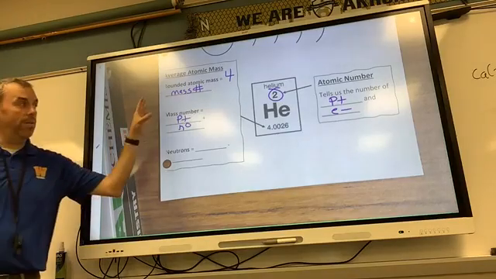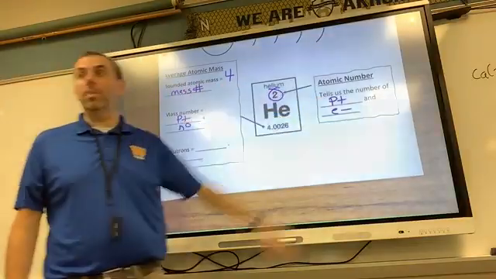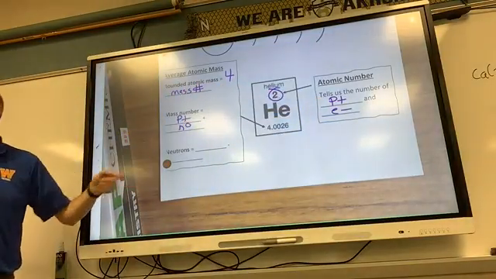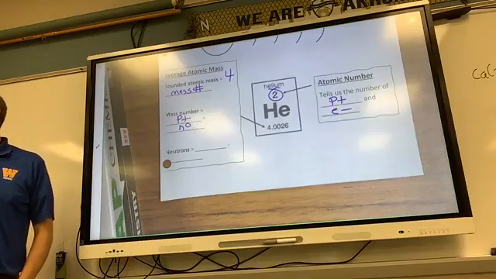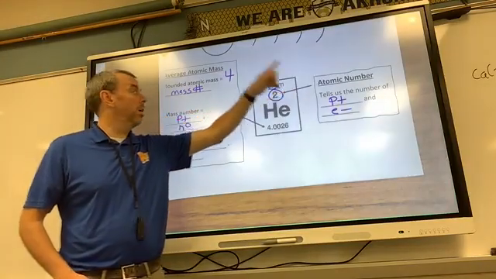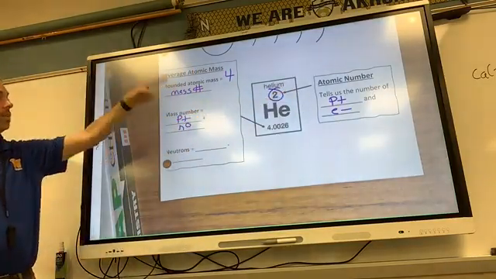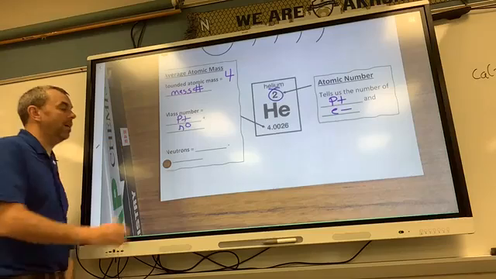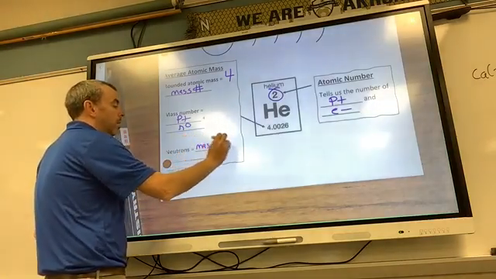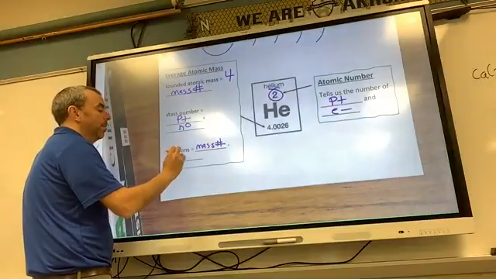So look at what you have here, and tell me what would the equation be to figure out the number of neutrons. The what minus the what? Protons, which is the atomic number. Well, first it's the atomic number, which I subtract. It's going to be the mass number minus the atomic number.